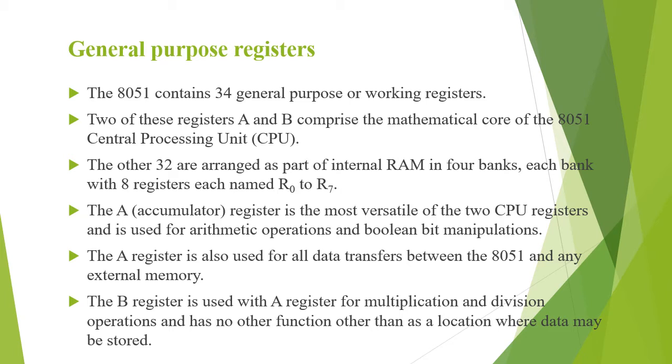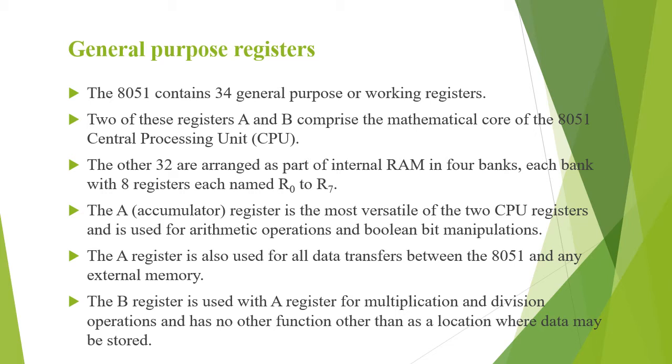The accumulator, or the A register, is the most versatile of the two CPU registers. That is, out of A and B, A is the most versatile register and it is used for many arithmetic operations like addition, subtraction, multiplication and division, and also logic operations like Boolean bit manipulations.